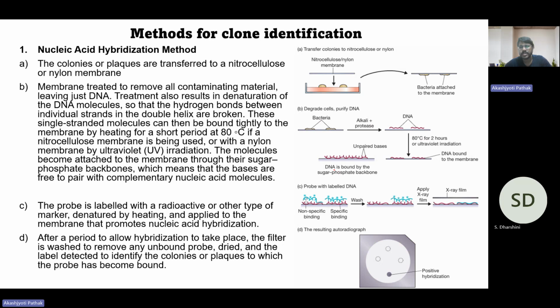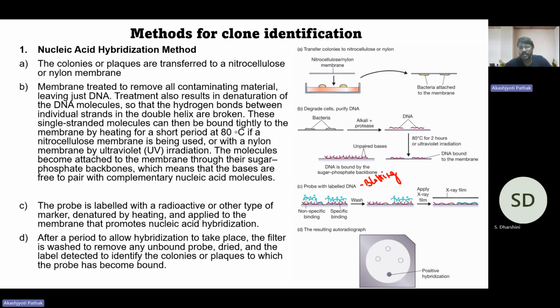After treatment, the DNA is bound through the sugar phosphate backbone. And then you are probing. In the next step, step number 3, you are probing. This is basically blotting. Blotting means you are hybridizing your DNA with the probe, which has labeled DNA.